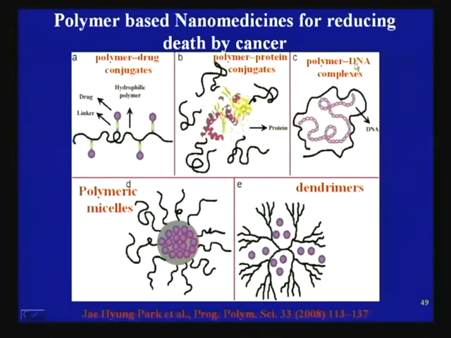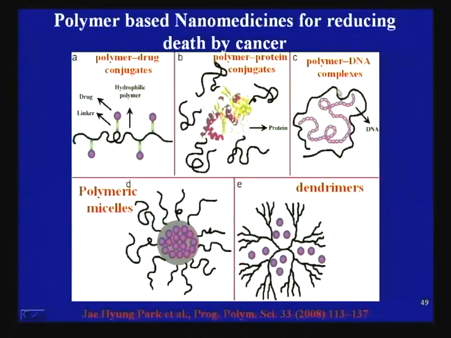Then DNA, sometimes DNA is used as a drug. If the DNA can be complexed with polymer, you know what chemical complexes are? You know what kind of bonds are present in chemical complexes, complex molecules.